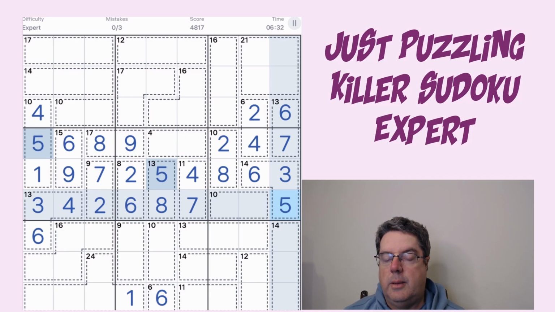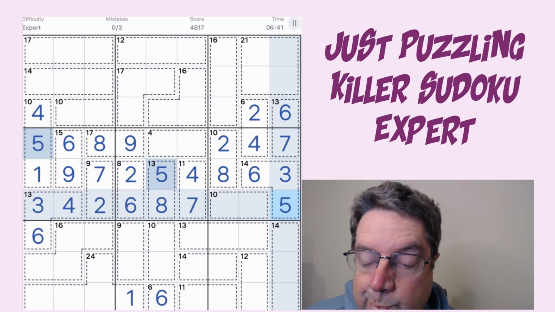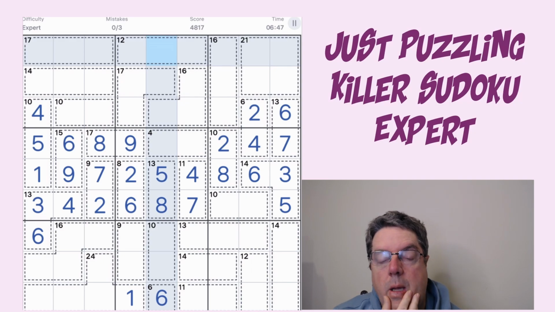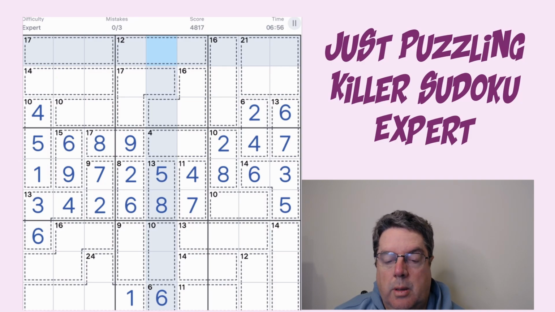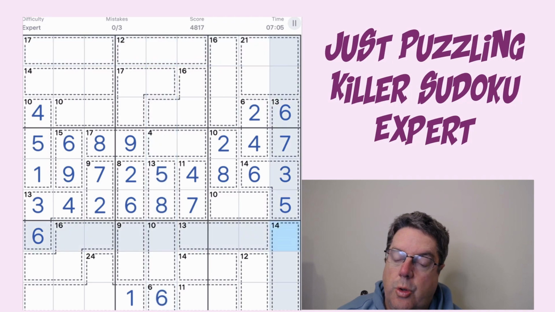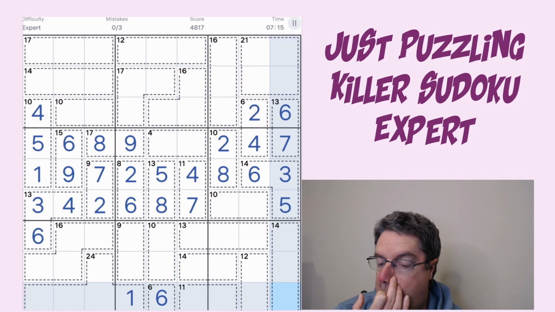1, 2, 3, 5, 9 and 1. So 9 is down this column, 9 could be there. 2, 6. 2, so 7 and 5, so this is 2, 8 and 4. 5 and 7.